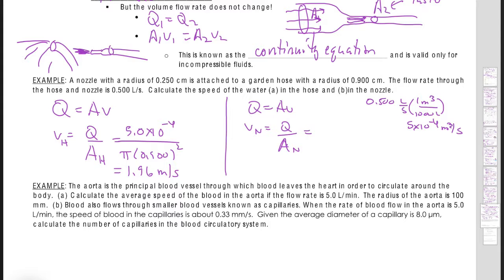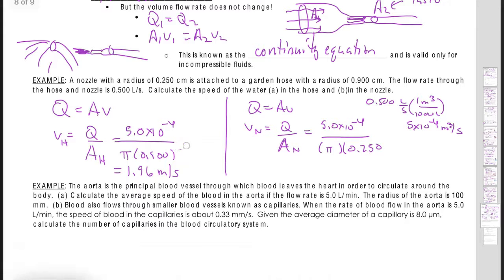Right, so it's going to be Q, 5.0 times 10 to the negative 4th, over pi times 0.250. Oh, sorry, I need to convert these. That's my fault. The number's right, I have it written down, I just have to convert.